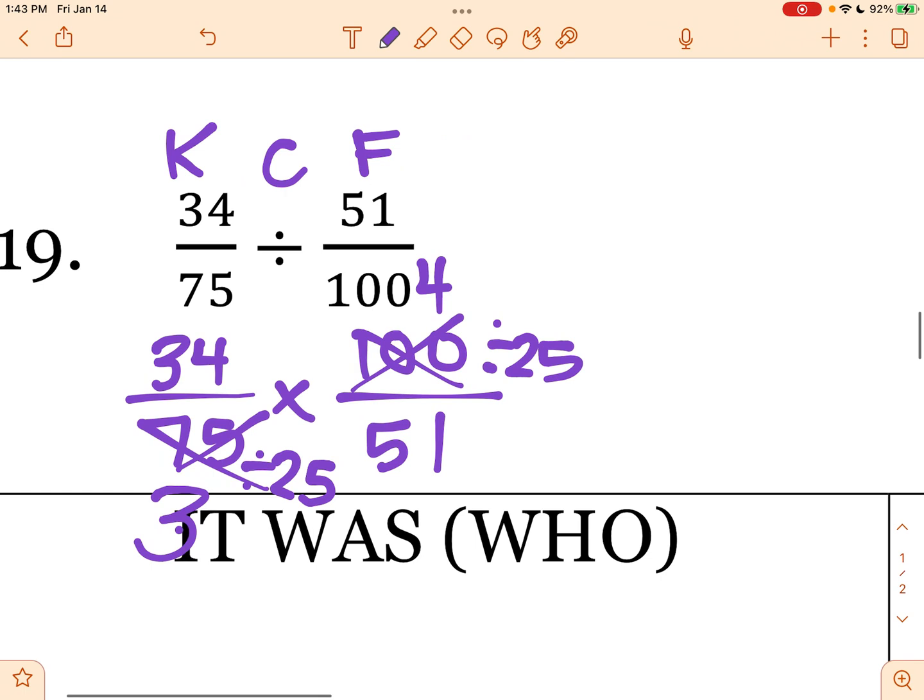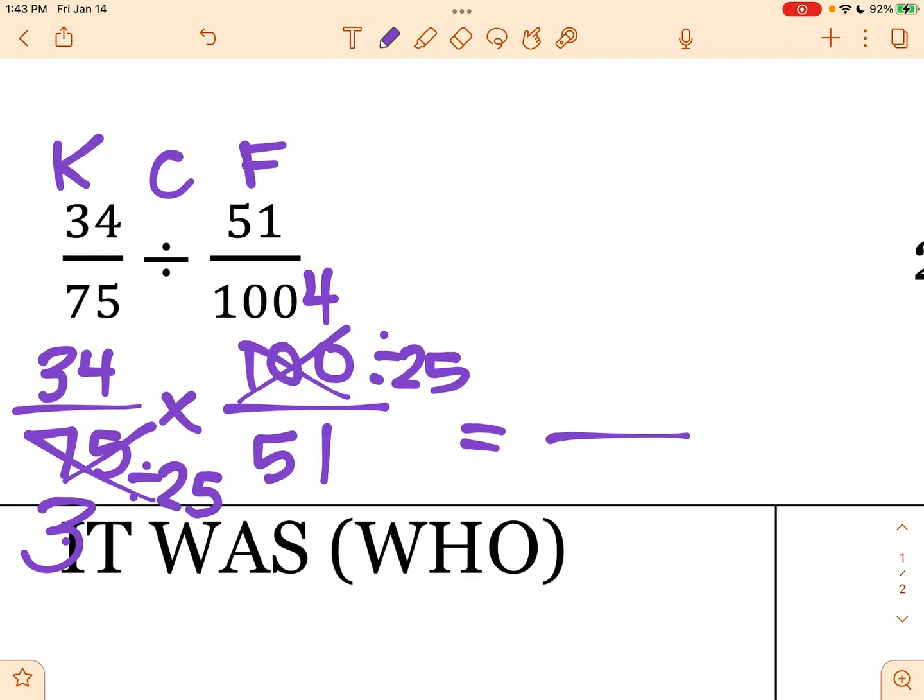So now those numbers are a little bit smaller to work with. Make sure you are writing this down with me. Now we multiply straight across. 34 times 4 is 136, and 3 times 51 gives us 153.